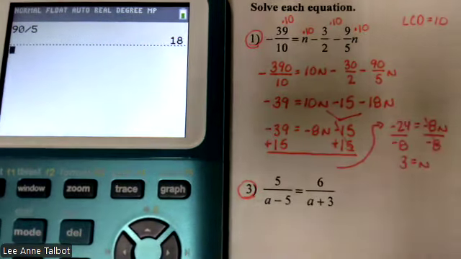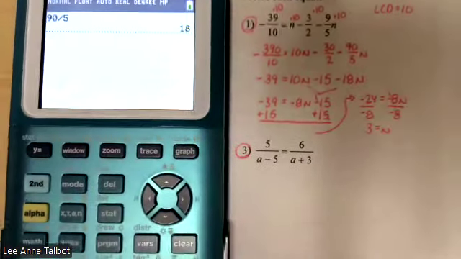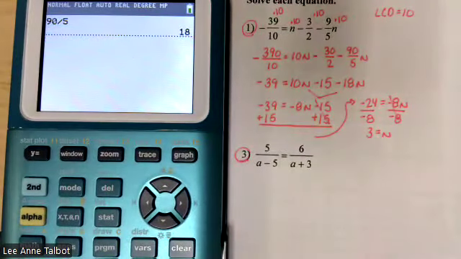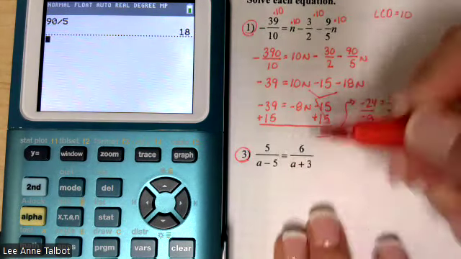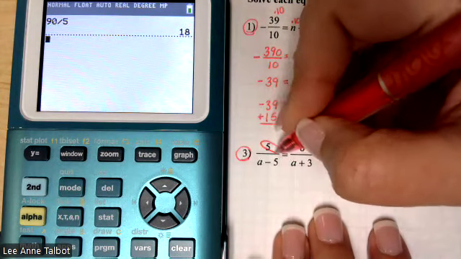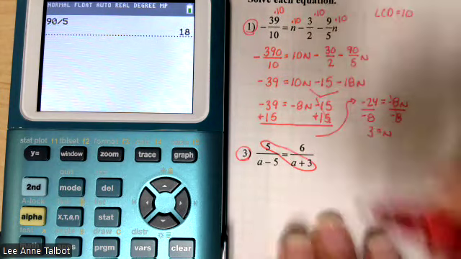Okay. The reason I wanted to do number 3 is because this is a different type of problem. This is a proportion. Proportions just have a fraction equals a fraction. So to bust proportions, you cross multiply.